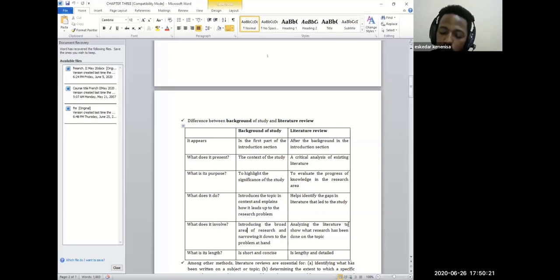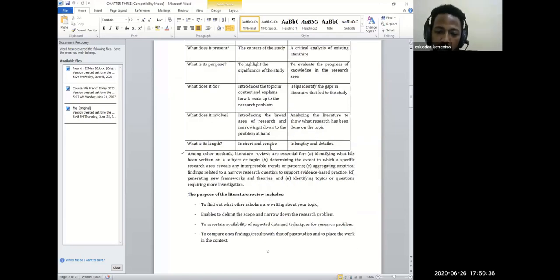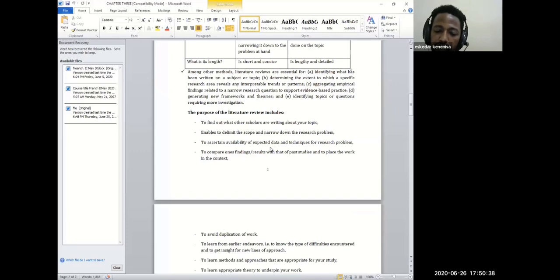The purpose of the literature review has a number of lists. I have read them and included them in the note.